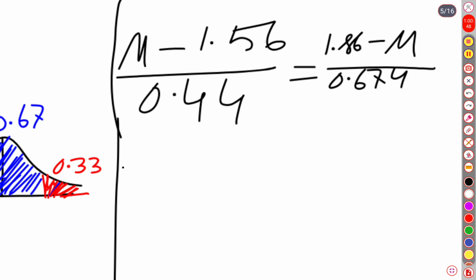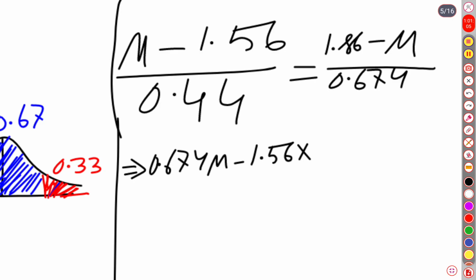So what we will do is cross multiplication. If we multiply, it is going to be 0.674 mu minus 1.56 into 0.674 equal to 1.86.